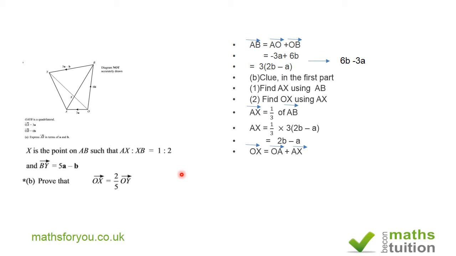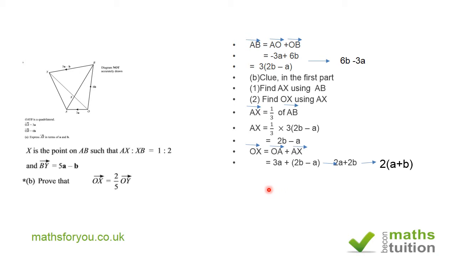And vector OA we know is 3a because we're going with the grain this time around. And vector AX, as we found out, is 2b minus a. And simplifying, vector OX is 2a plus 2b. And when we factorize, we have 2 into a plus b.